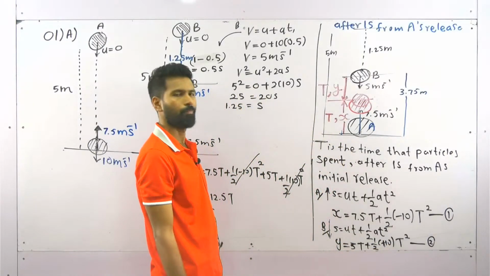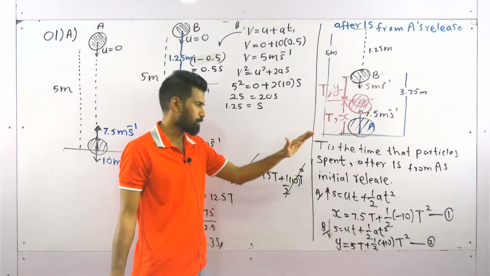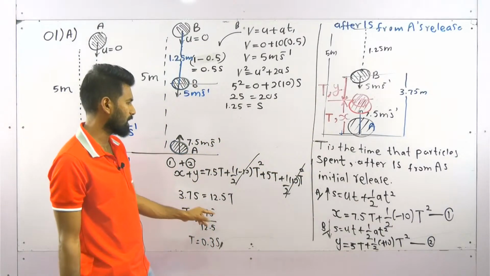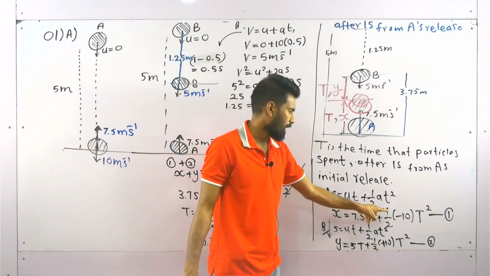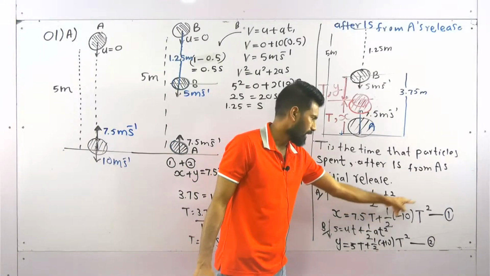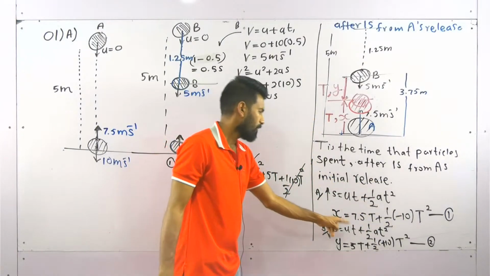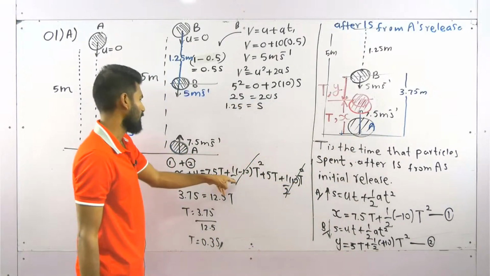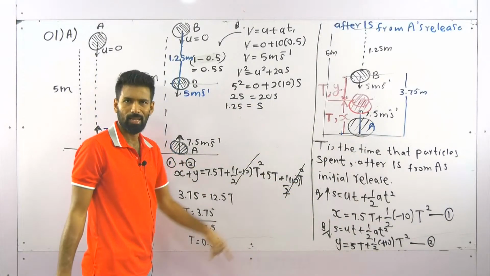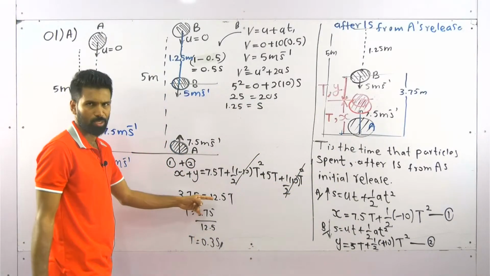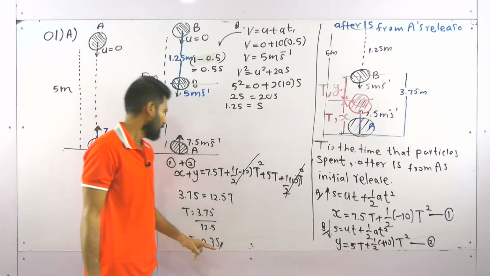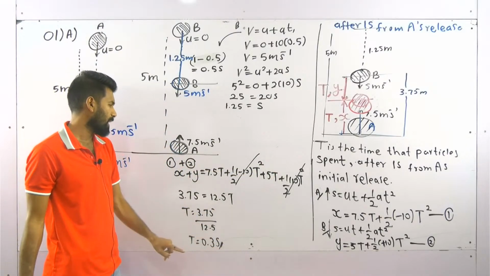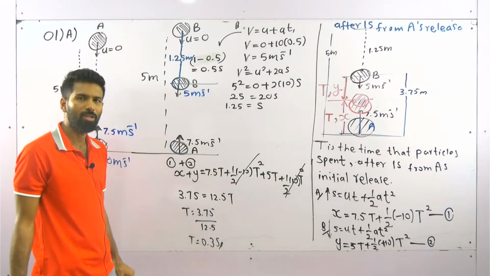square. Okay, now I'm adding x plus y. From the right side, 7.5t minus half 10t square, 5t plus half 10t square. This half 10t square will cancel out. In one case it is minus, in the other case it's plus. You will get 12.5t there, and in the left side you will get x plus y.